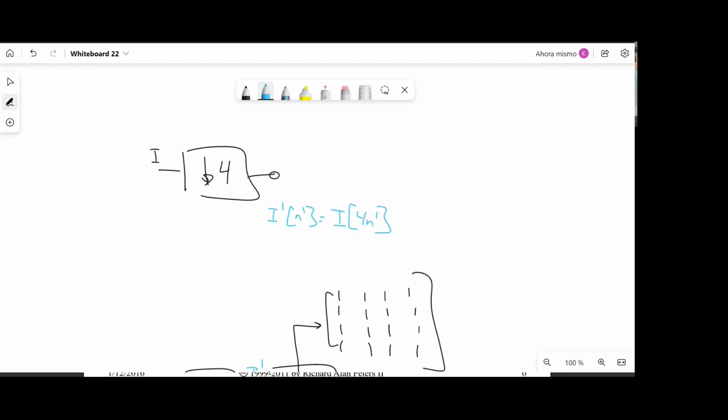So this is our operation. This is 1D. If we want to do it in 2D, then this is a vector, and then this is a factor.